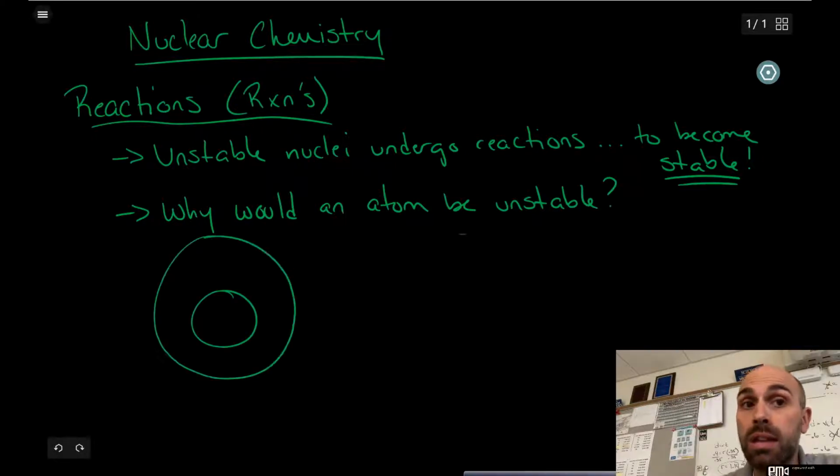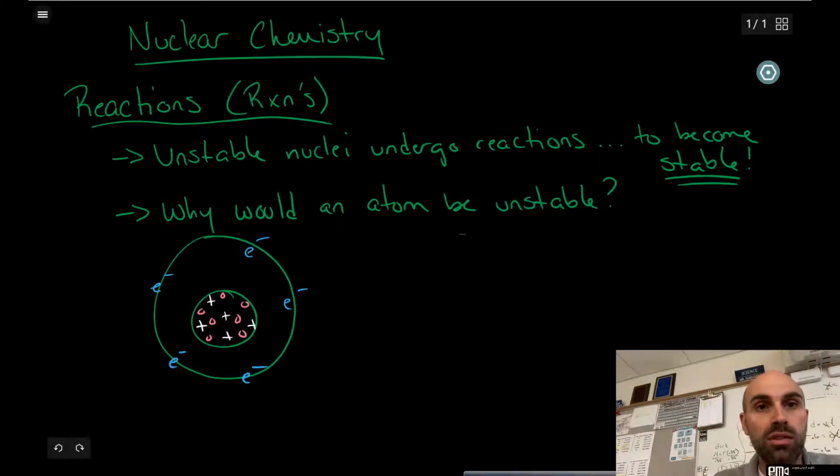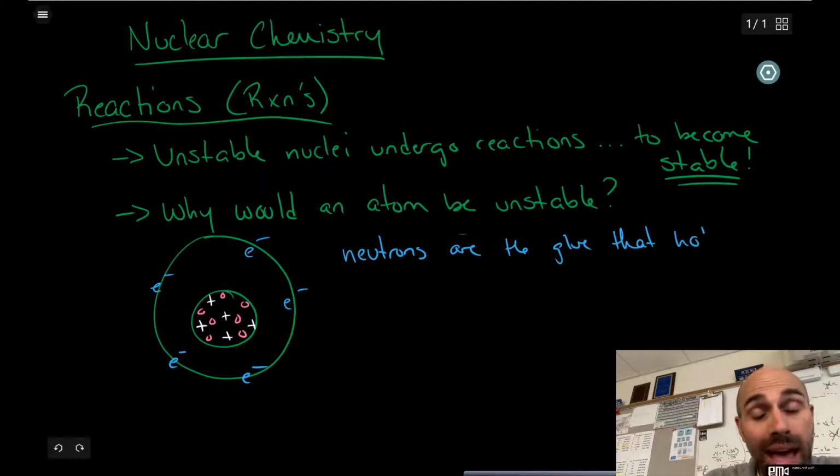Who lives outside the nucleus? It's the electrons. Who lives inside the nucleus? It's the protons, and it's also the neutrons. So think about those protons, those charges, right? They're pluses. And all these pluses, all these like charges, they want to just repel away. Well, the neutrons in there, those act like the glue that hold the protons together.